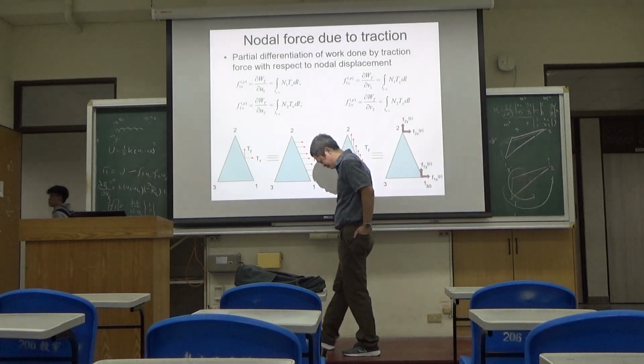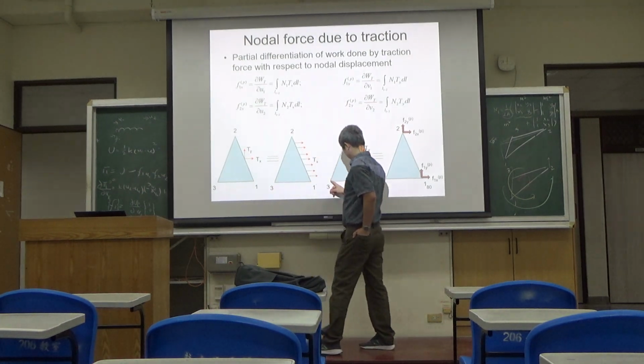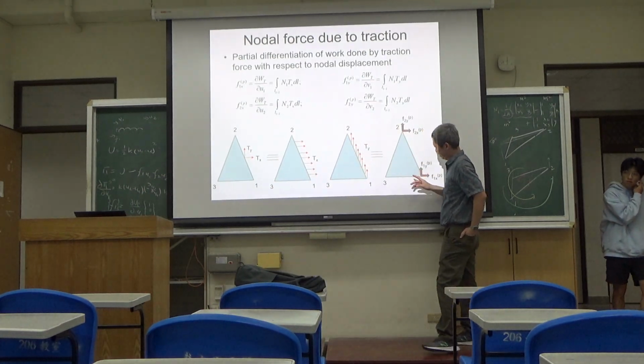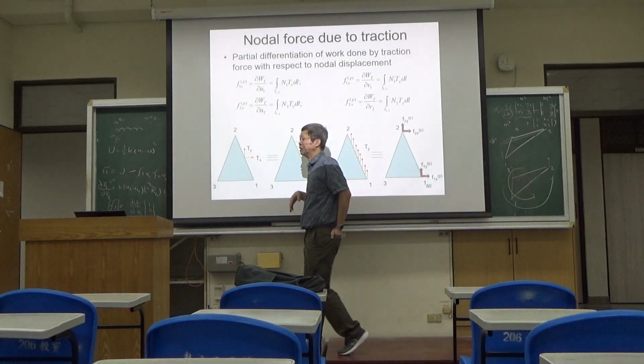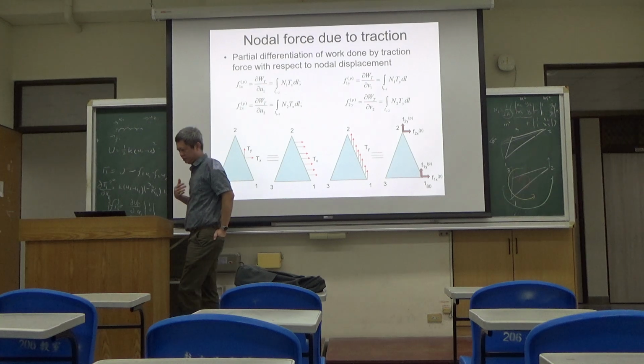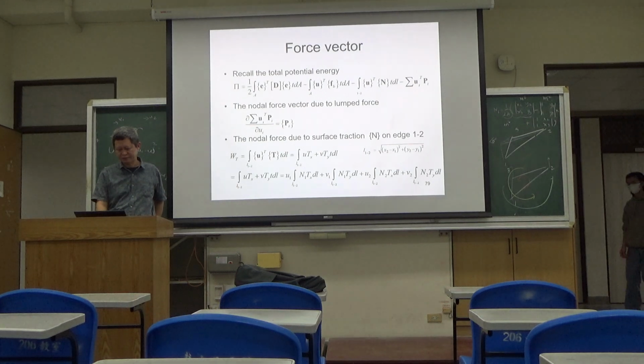In this case, node 1, the opposite of 3, has no share of the traction force simply because of our assumption on interpolation. So how do you obtain this?